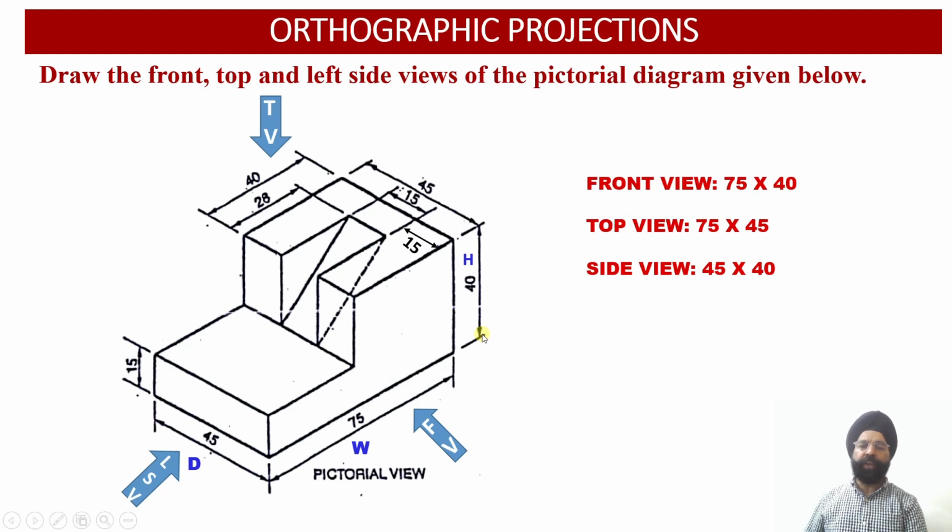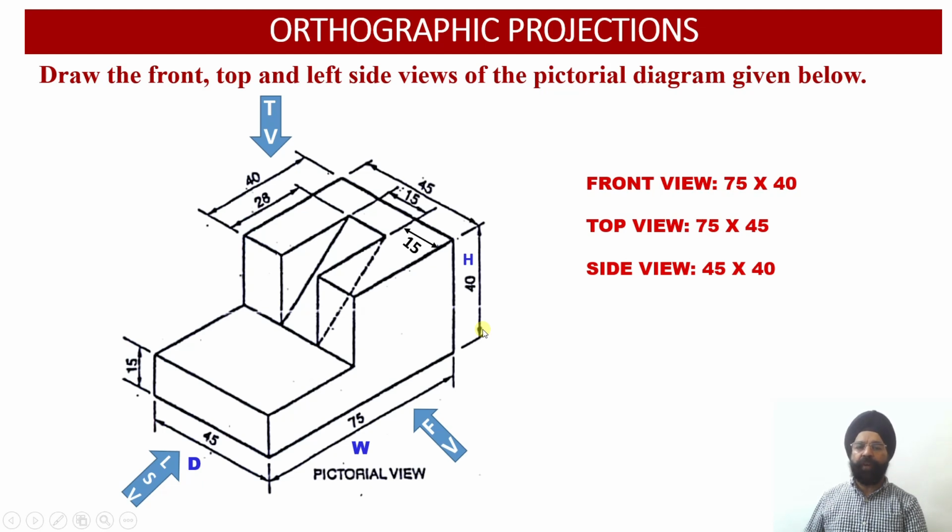So the front view dimensions will be 75 millimeter by 40 millimeter. This is the front face which we are going to obtain in the orthographic projection, where 75 is the width and 40 millimeter is the height of the solid.